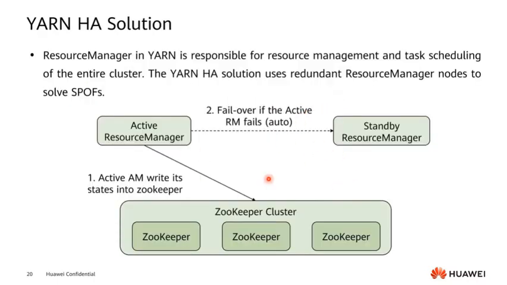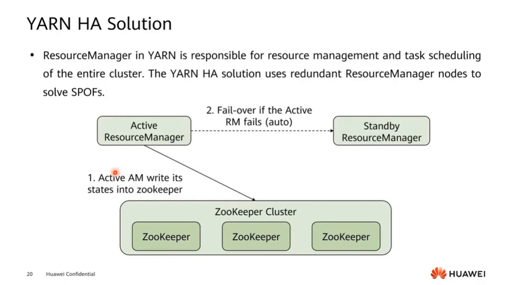Then we will learn the Yarn HA solution. Do you think it's familiar? Yes, we have talked about the high availability in HDFS. Resource manager in Yarn also uses an active standby architecture which ensures high availability. The high availability of resource manager is achieved by using an active and standby architecture.